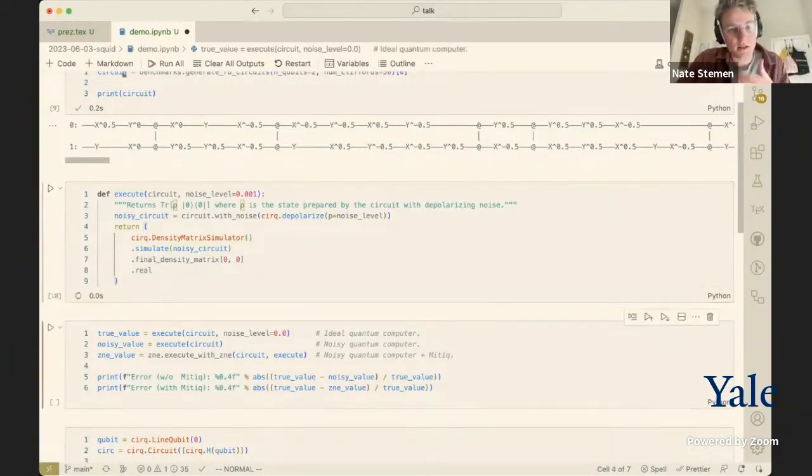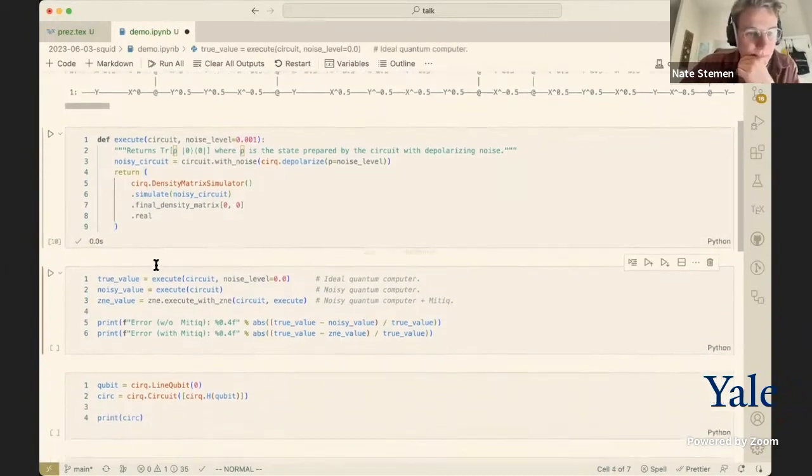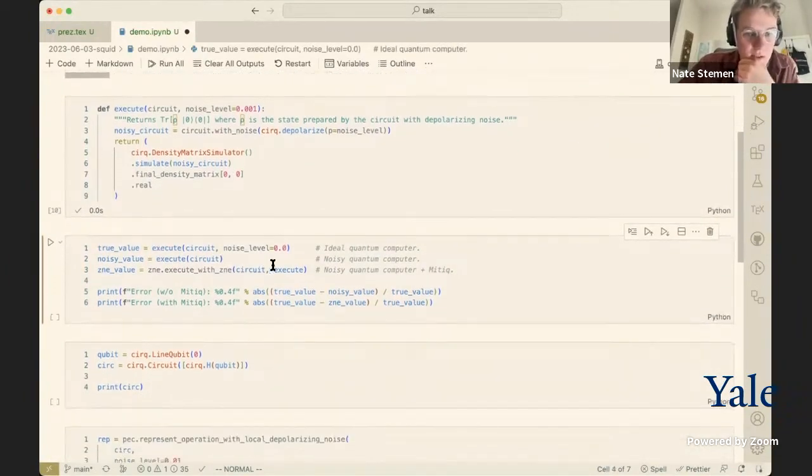All right, so that's the execute function. And now we want to run three different calculations. We're going to execute the circuit with zero noise, and that's going to be our ideal quantum computer. What would happen if we had an ideal quantum computer?